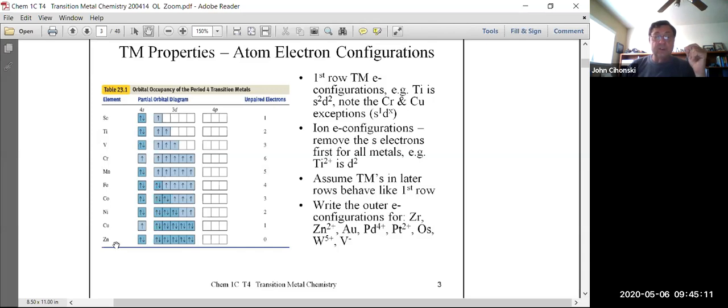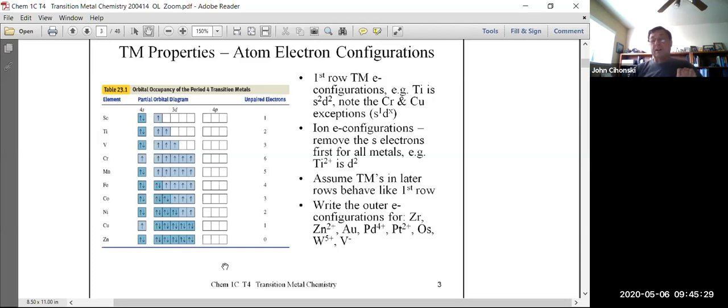And then if we look past zinc, we are looking at what? We are looking at gallium through krypton, okay? So that adds an extra 6 electrons. So 12 and 6 is 18.